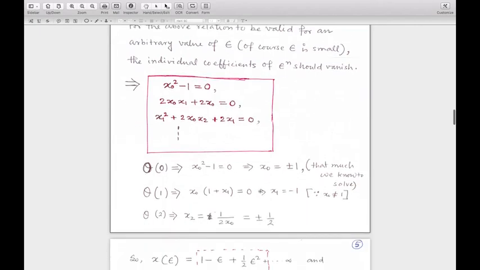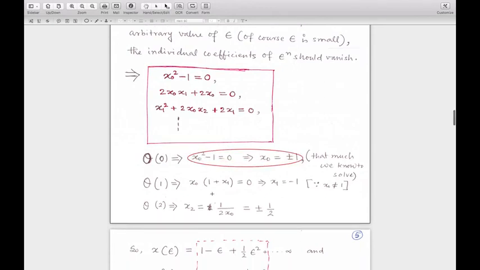Now from the first one you know the exact solution of the unperturbed equation. x0 can have two values, but the second equation simply says that x0 times (1 plus x1) will be equal to 0. We know none of the solutions of x0 is 0, so 1 plus x1 should be equal to 0, so x1 will be minus 1.